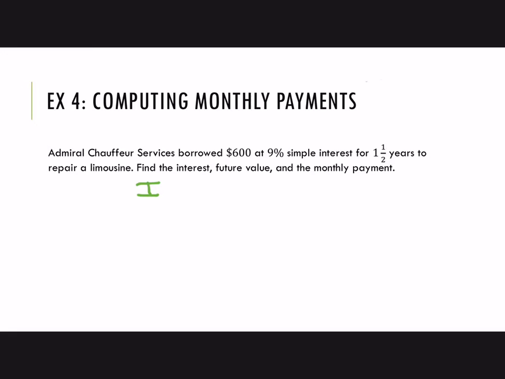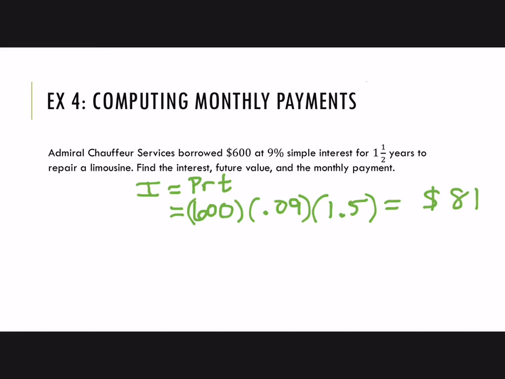Okay, so interest is going to be the same formula, I equals PRT. So we have $600, then the rate is 9%. That's an annual rate. And so we need time in years, which we have, 1.5 years. All right. And multiplying, that's $81 in interest.